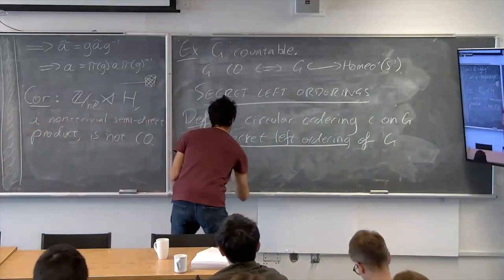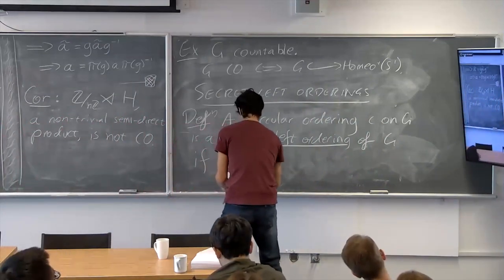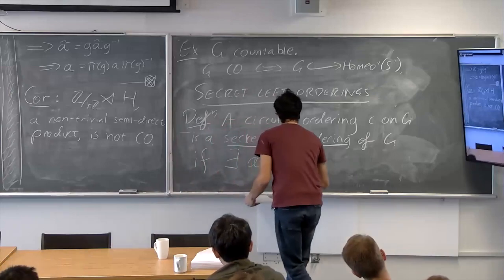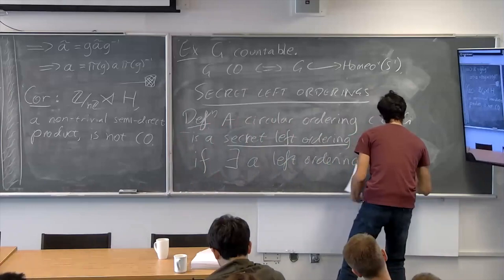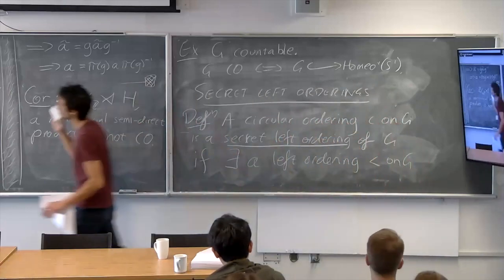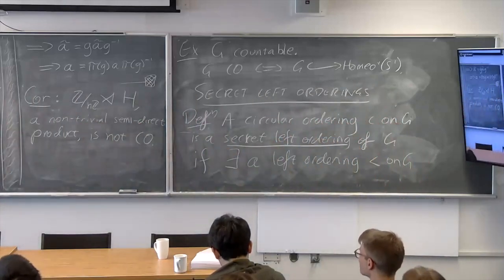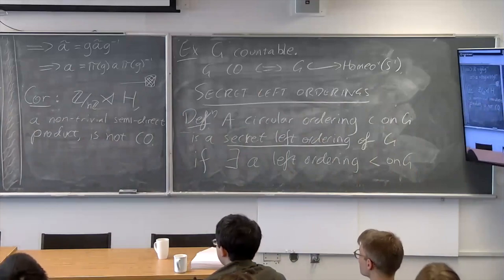So if there exists a total ordering, a left ordering, less than, on G. I wish there was a way to pronounce that symbol. It would really make life easier.